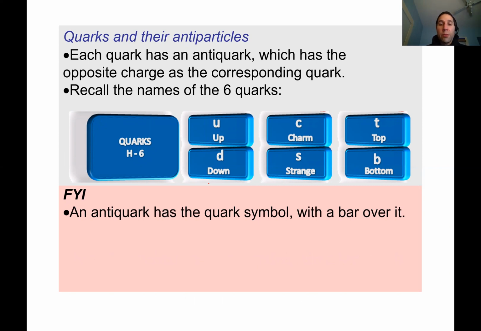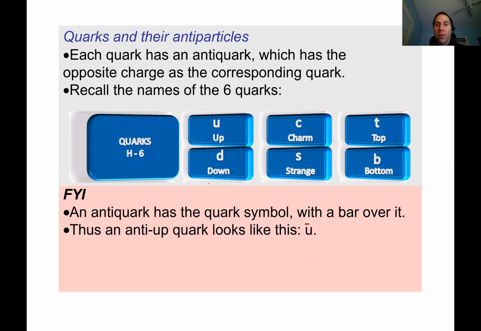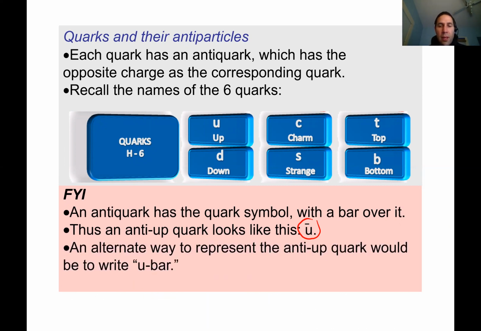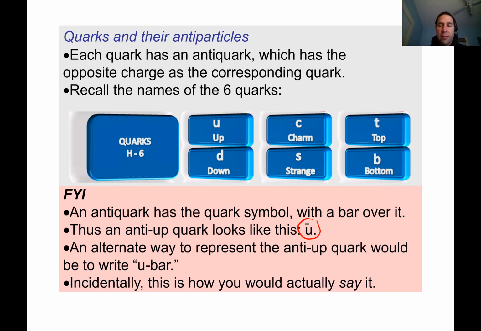Oftentimes with quarks, the way we indicate that they are anti-quarks is we put a bar over the symbol. So if I want to show an anti-up quark, I would write u with a little bar above it, like you see here. I could also call it u bar, and that's the way it's said sometimes. So u bar is known as an anti-up quark.